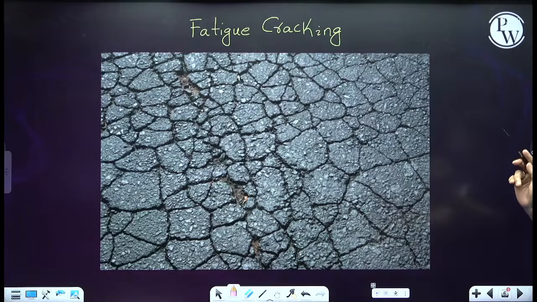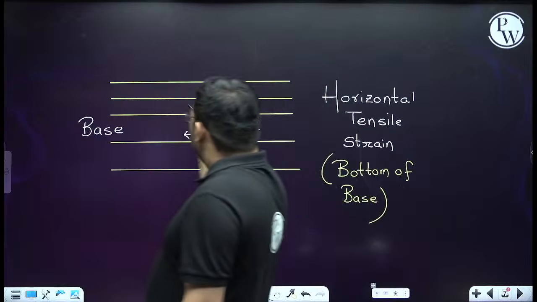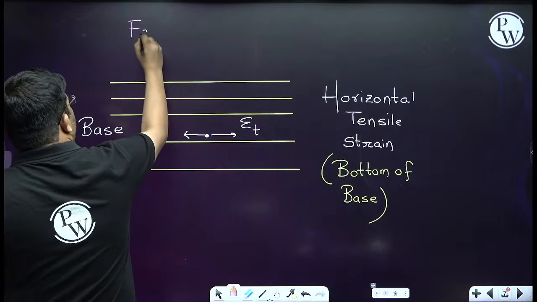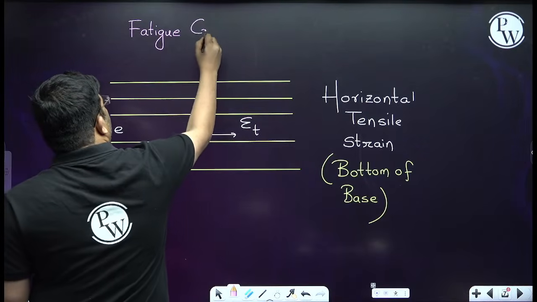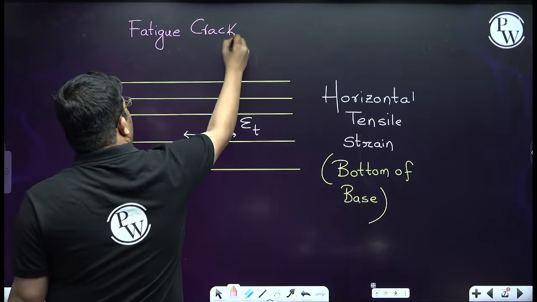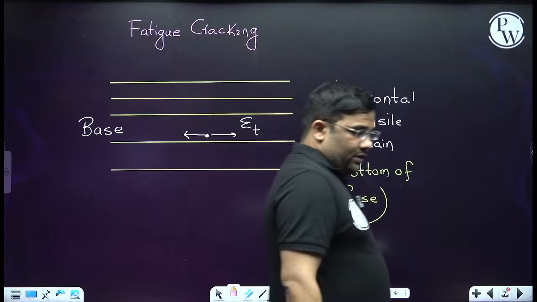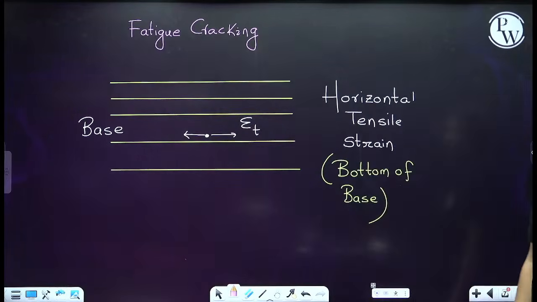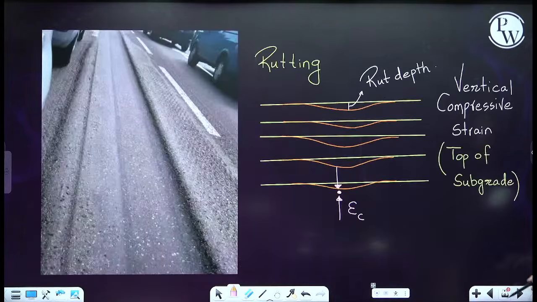Now for these two types of failure, two types of strains are responsible. What are those strains? For fatigue cracking, it is horizontal strain, whereas in rutting it is vertical.